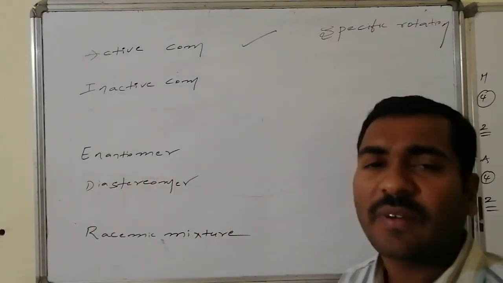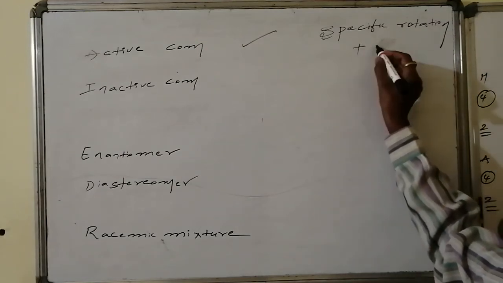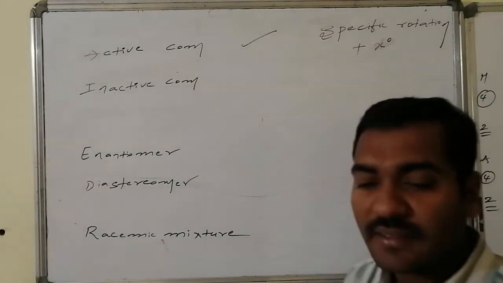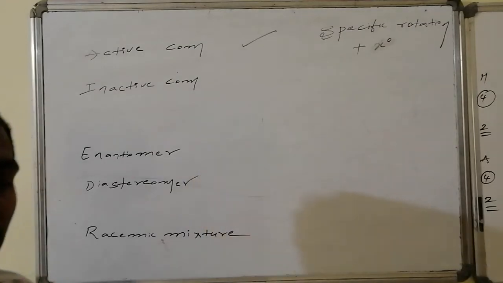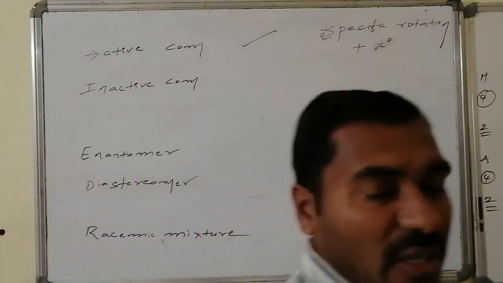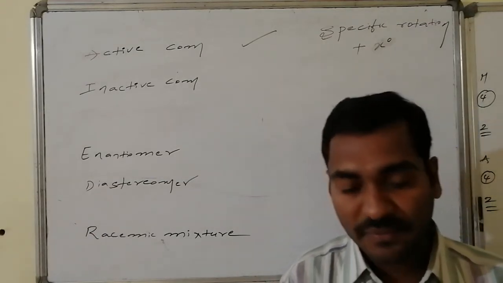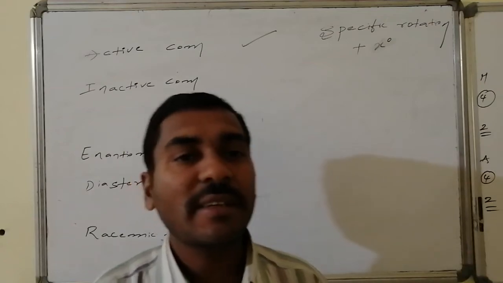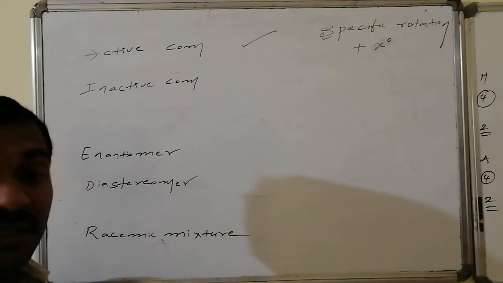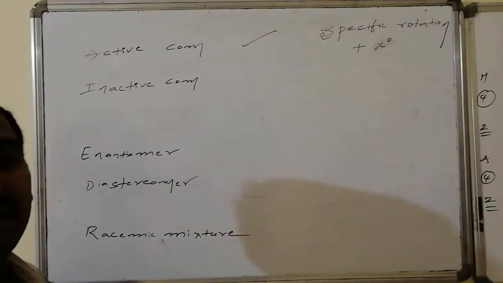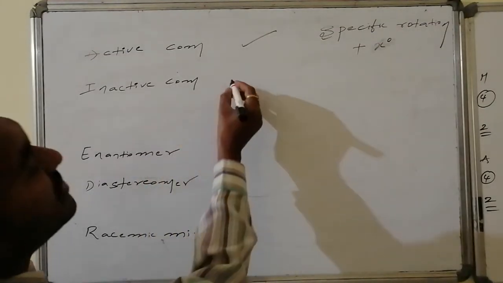Let us consider one of the compounds has a specific rotation of plus x degrees. Whereas an inactive compound, if it is a symmetric molecule, though it has chiral carbons, will become optically inactive. Compounds having chiral carbons but becoming optically inactive due to some symmetry elements present in them are said to be optically inactive compounds. Such compounds, which have the eligibility to show optical activity but due to special symmetry reasons become optically inactive, are said to be meso compounds.